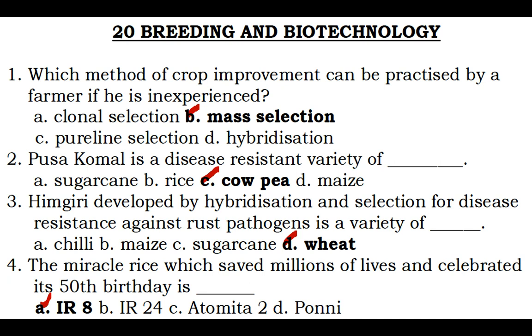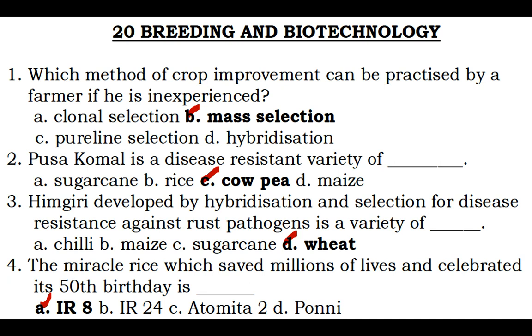Option B, mass selection. Question number 2. Pusa Komal is a disease-resistant variety of option C, cowpea. Question number 3. Himgiri, developed by hybridization and selection for disease resistance against rust pathogens, is a variety of option D, wheat.